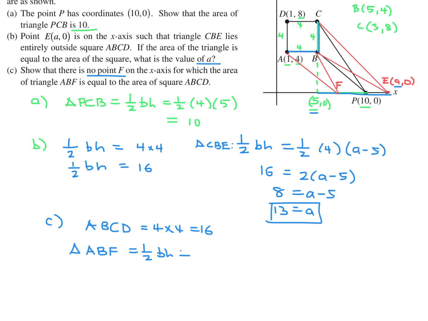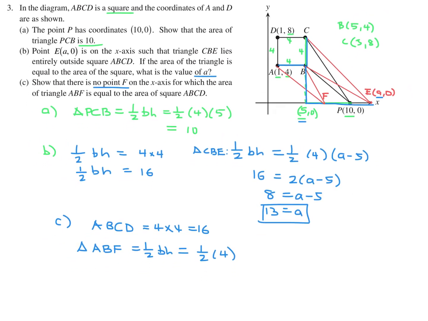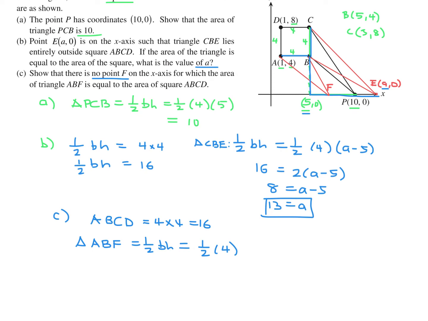And the height is going to be from there to there. So the base is just 4, right? And the height is going to be, what are the coordinates of B? 5 and 4. So the height is just 4, right? Yeah. So that means that's 4 times 4 divided by 2, 8. So 16 obviously does not equal 8.